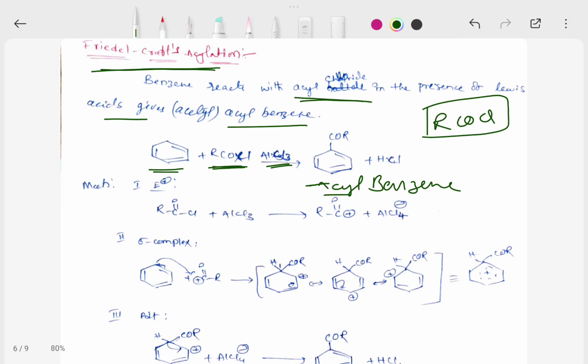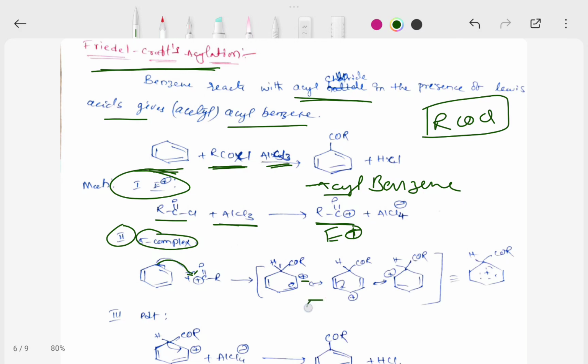This is also a three-step mechanism. First step, electrophile formation. Acyl chlorides in the presence of Lewis acids give a carbonyl carbocation. This is an electrophile. In the second step, sigma complex formation, benzene donates electrons to this carbonyl carbon and forms a carbonium ion.